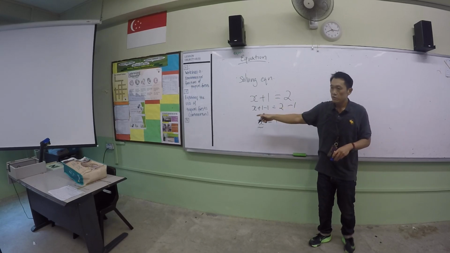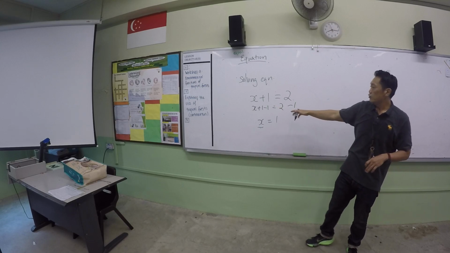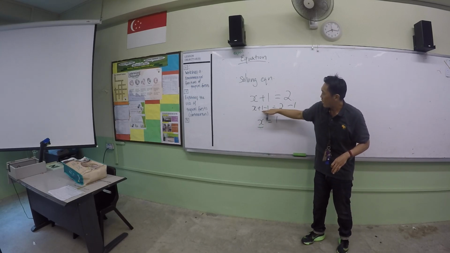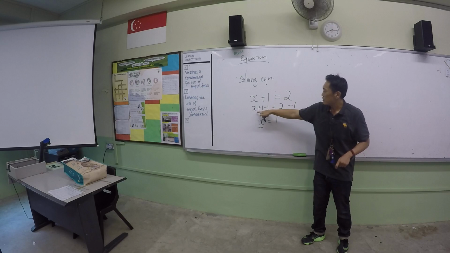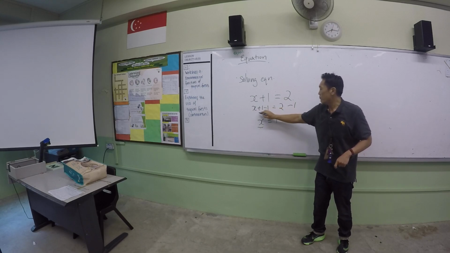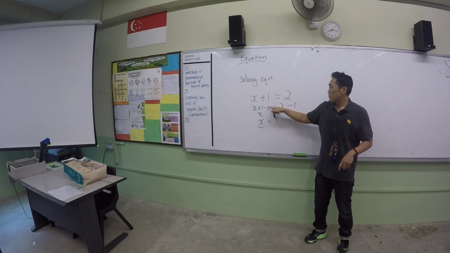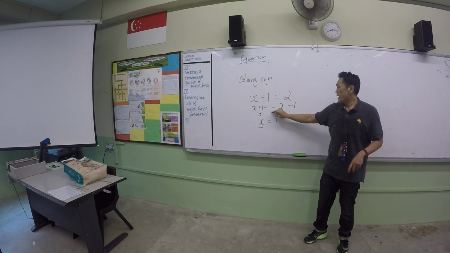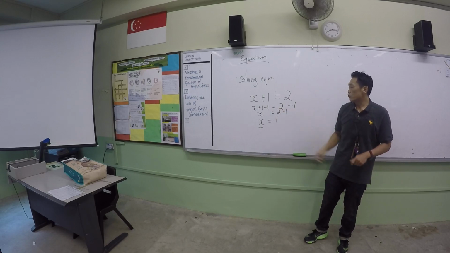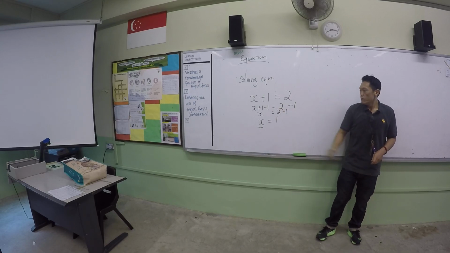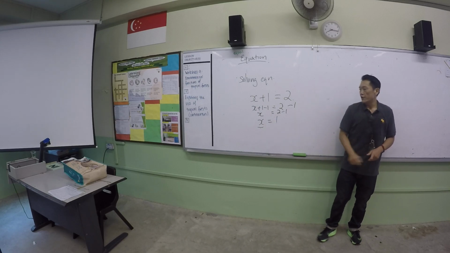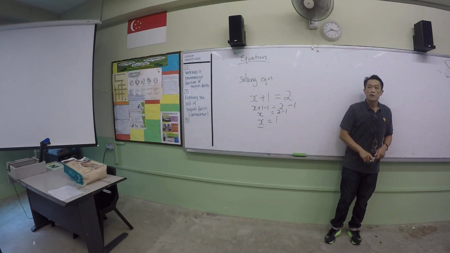So, what I'm actually doing is to remove everything else so that x plus 1 minus 1 becomes x. Plus 1 minus 1 becomes 0. So, x plus 0 is x. And then I will have x equals 2 minus 1. And x is equal to 1. 2 minus 1 is 1.